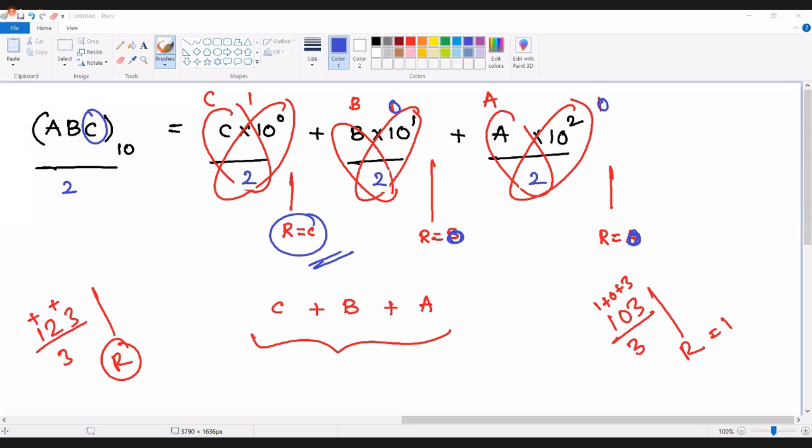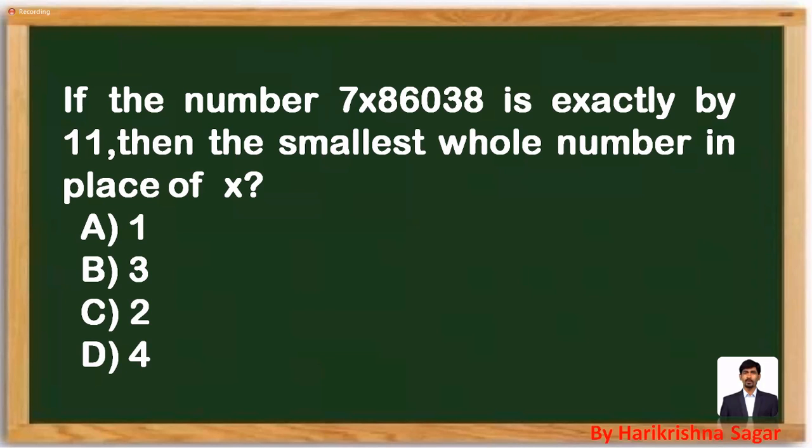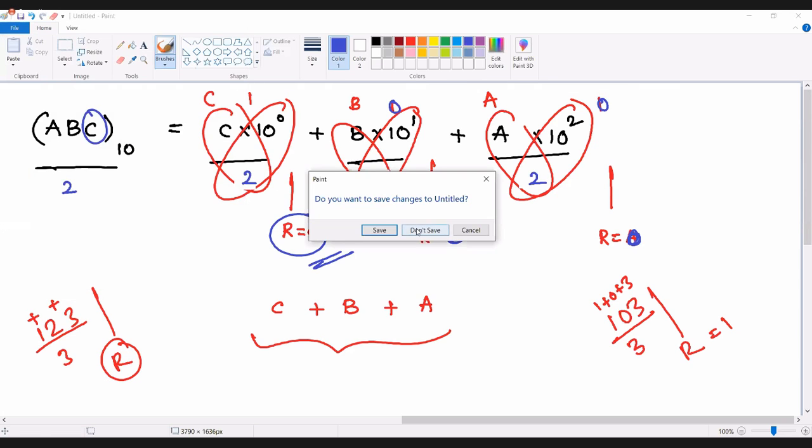That's how the things come under the divisibility rule. That's how we can prove the divisibility rule of each and every number, not only 2, 3, 4, everything you can prove. So let's look at the divisibility of 11. Let me discuss some rules here, then we go with the questions.